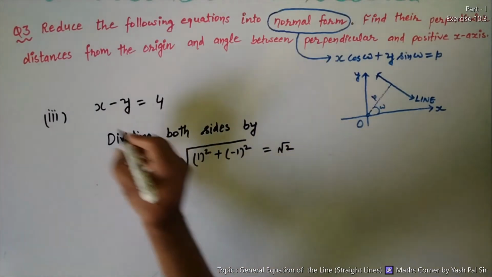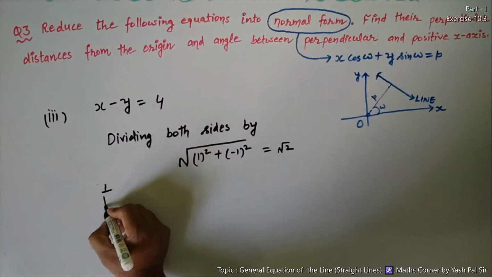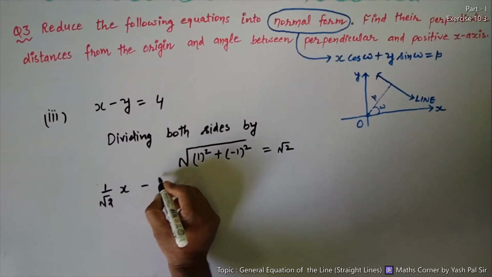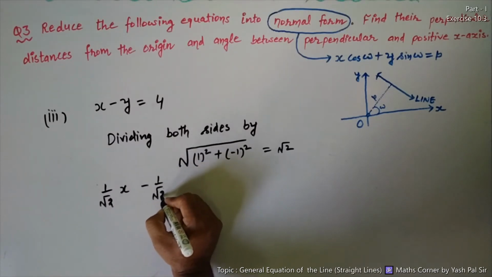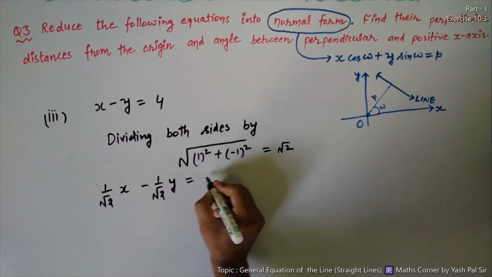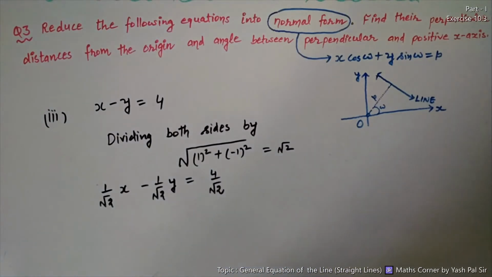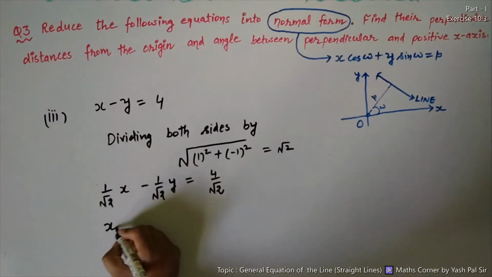So this value is square root of 2. So we now have 1 upon square root of 2 into x minus 1 upon square root of 2 into y is equal to 4 upon square root of 2, right?